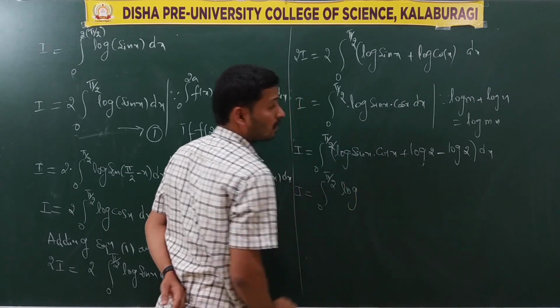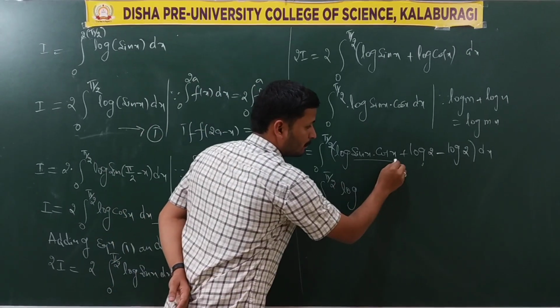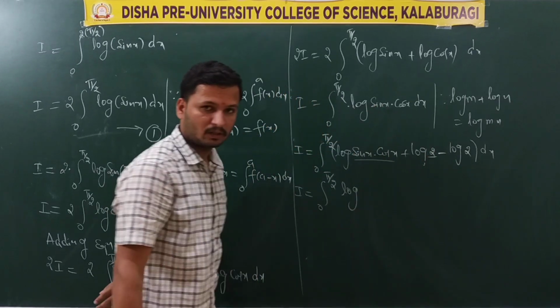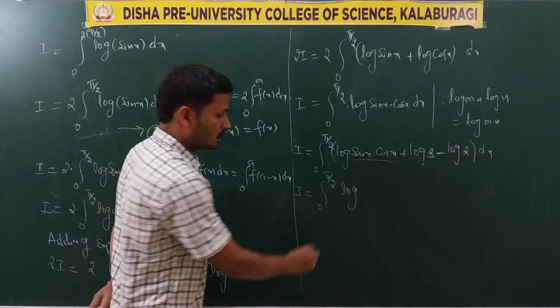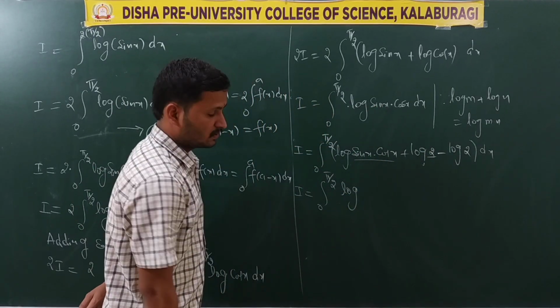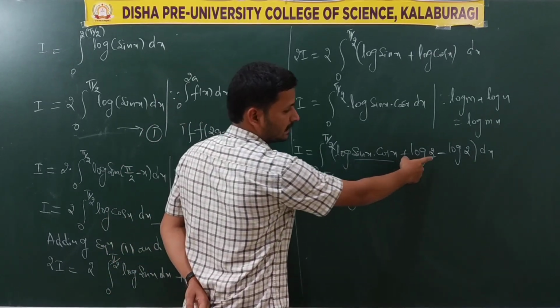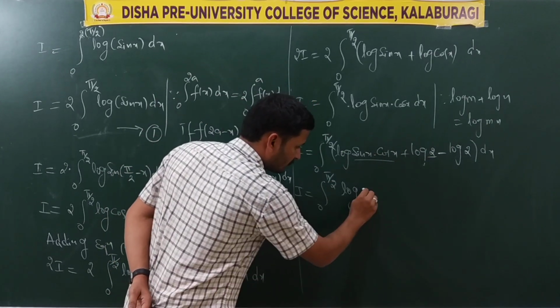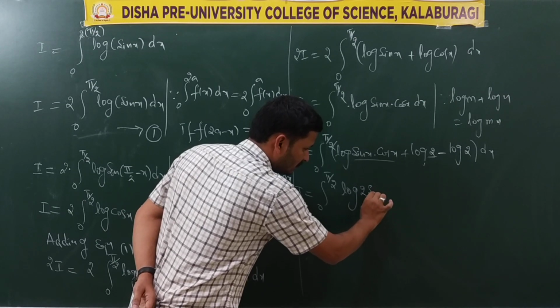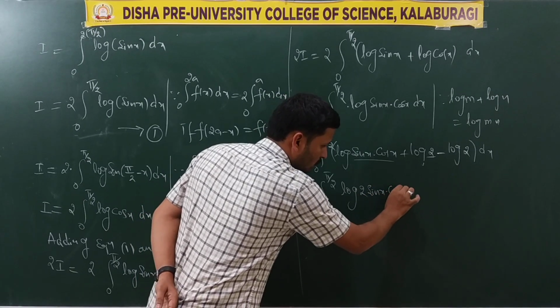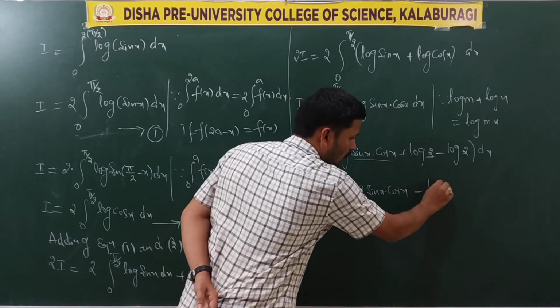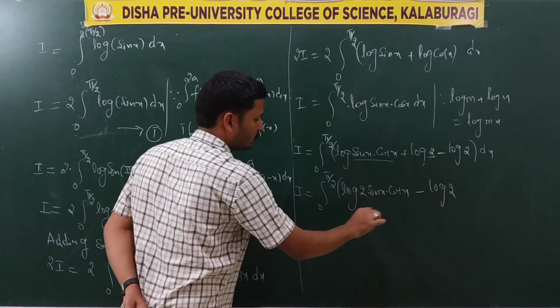Again use log of m plus log of n is log of m into n. Here m is sin x into cos x and n is 2. So I write this as log of 2 times sin x into cos x, and minus log 2, a constant term, write it down as this.